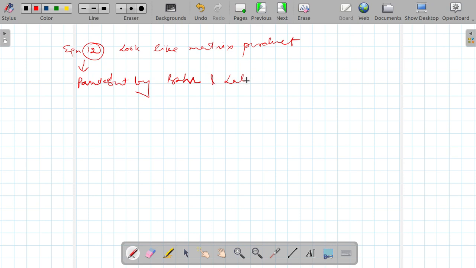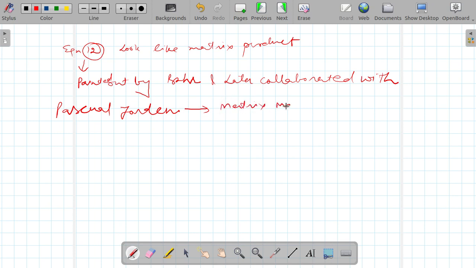and later Born collaborated with Pascal Jordan and matrix mechanics was developed.